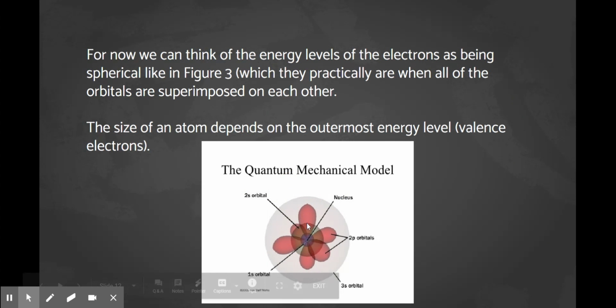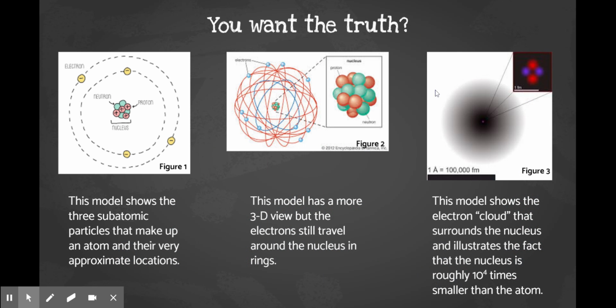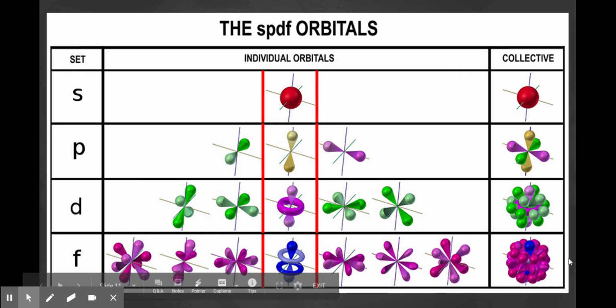When you put them all together, so you put all those strange shapes together, you can see that the basic formation of this is a sphere. So for this chapter, we are going to think of the energy levels as being spherical, like figure 3, like the figure we saw over here. So we're going to think of them as being spherical, even though they look like this.